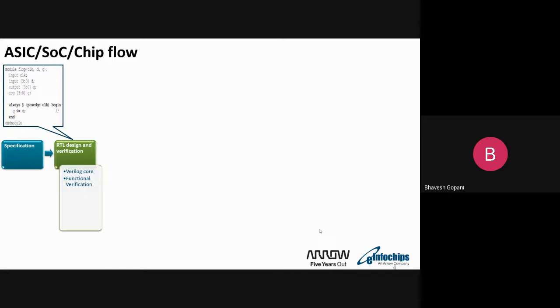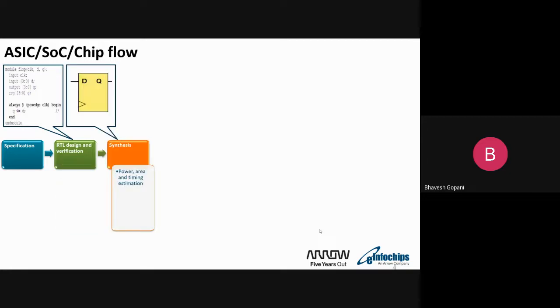Once the RTL is at a certain level, the next thing would be synthesis. So what happens in synthesis? All the RTL is integrated and converted, or mapped with the lib cells, the standard cells, into the netlist. The main concern here is that power, area and timing estimations can be identified at this stage initially.